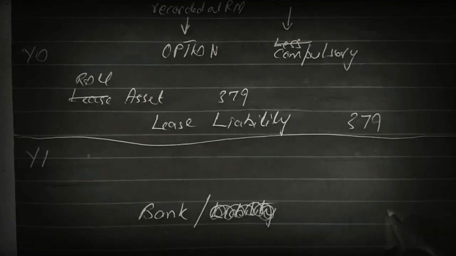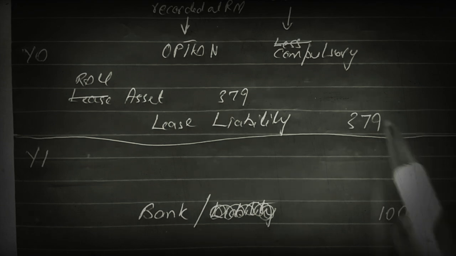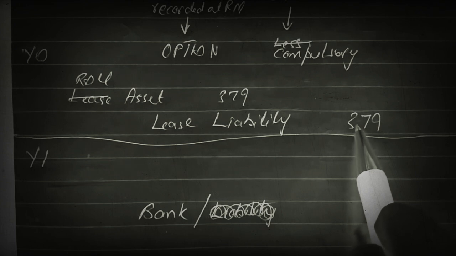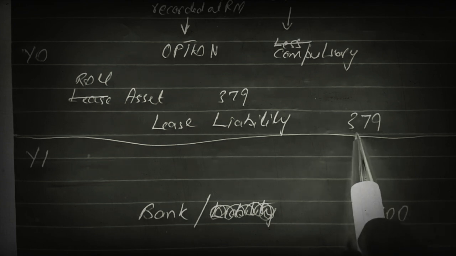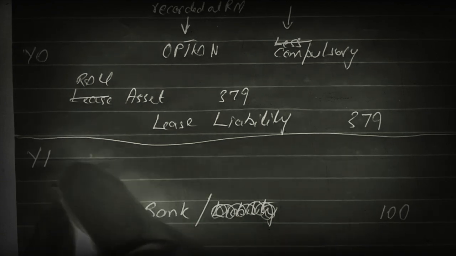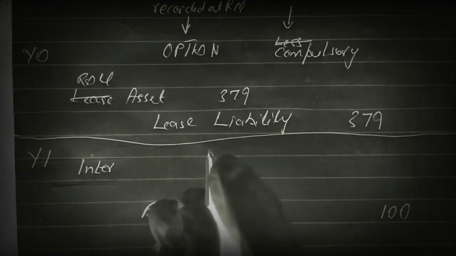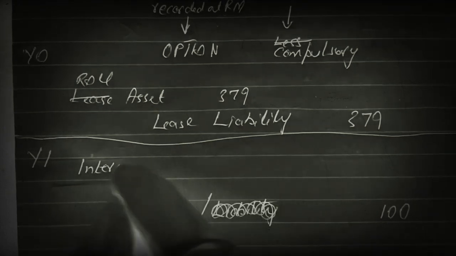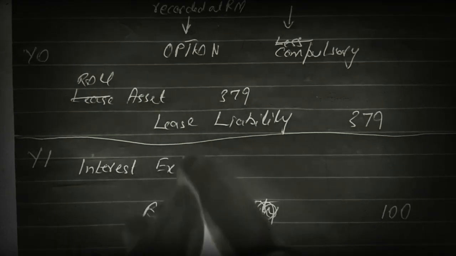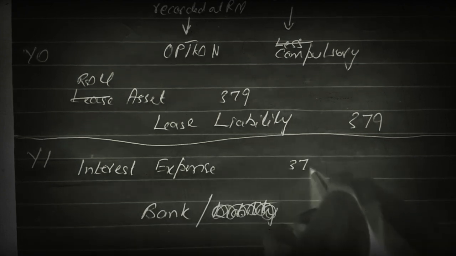So if we have made that $100 payment at the end of the first year, we also know that we have incurred interest expense on this amount. And what was the amount of interest expense? It was 10% of the lease liability. So 10% of 379 would be 37.9. So interest expense would be recorded in our books, which would eventually be reflected in the profit and loss account, by 37.9.